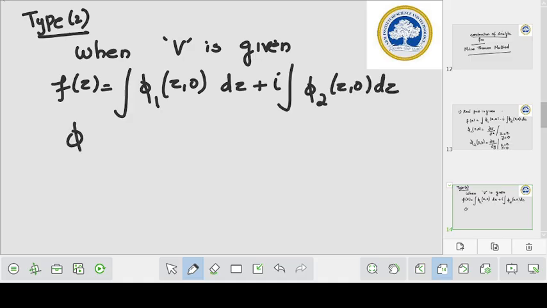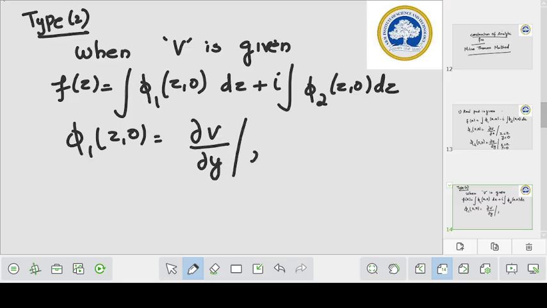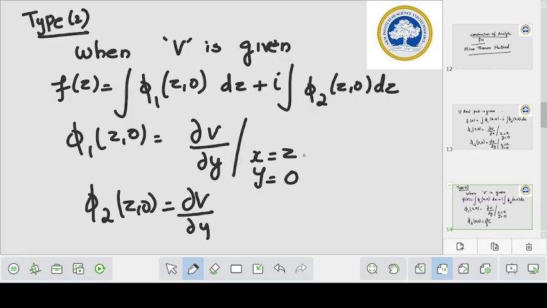Phi 1 of z comma 0 is dou v by dou y at x equal to z and y equal to 0, and phi 2 of z comma 0 is dou v by dou x at x equal to z and y equal to 0.